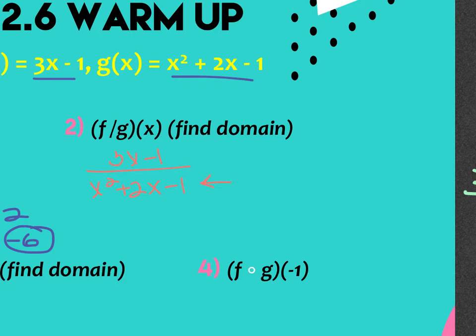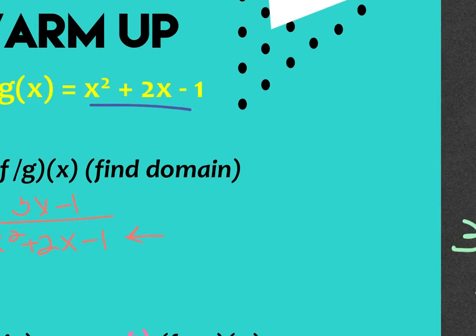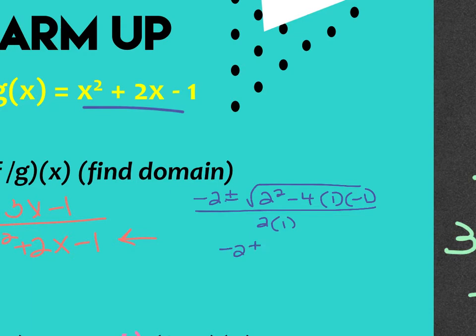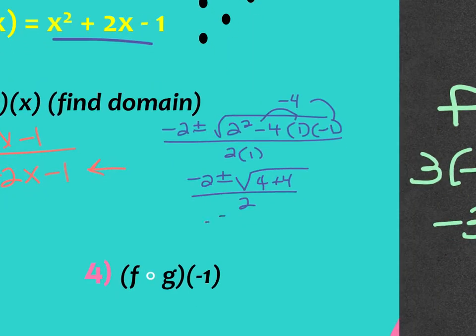If I use the quadratic formula on this, I would get negative b plus or minus the square root of b squared minus 4 times a times c, all over 2 times a. Negative 2 plus or minus the square root of 4 minus 4 times 1 times negative 1, which is plus 4, over 2. Negative 2 plus or minus the square root of 8 over 2.